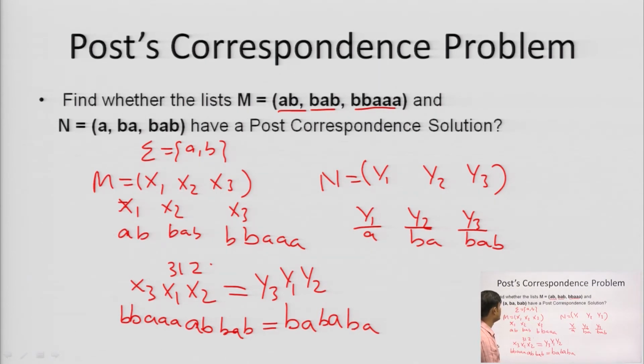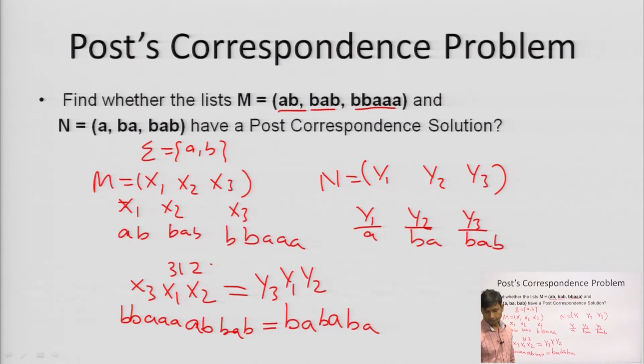That is why it does not have a decision. Here AB is 2, BAB is 3, and 2, 3, 5, then 5, 10. And for N it is 3, 3, 6. So one list is 10 in length and the other list is 6.